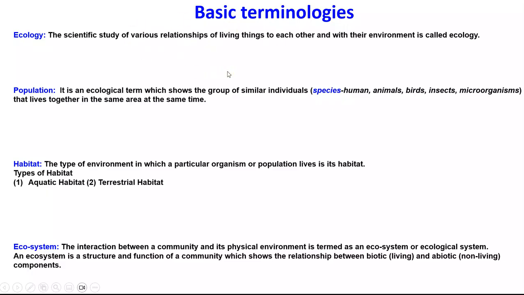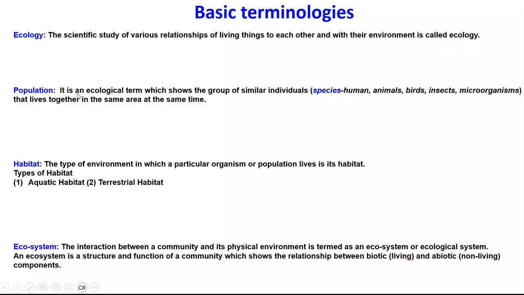Here we have the basic terminologies used. What is ecology? The scientific study of the various relationships of living things to each other and with their environment is called ecology.